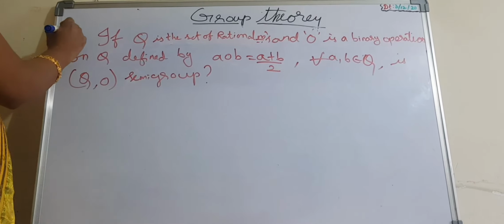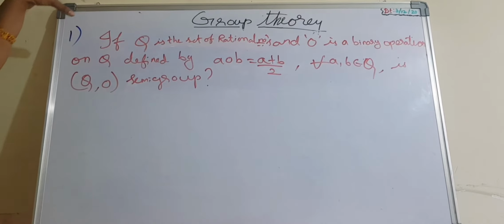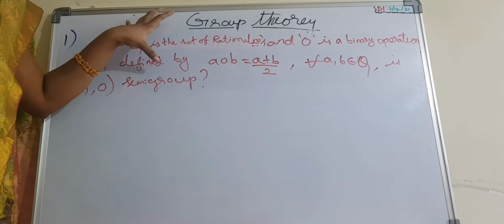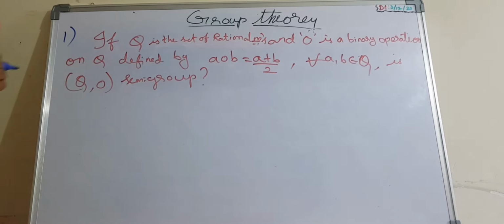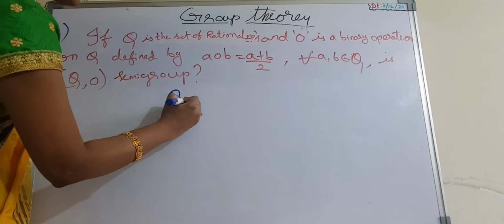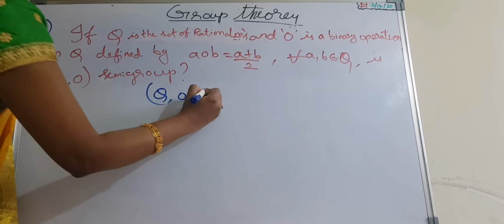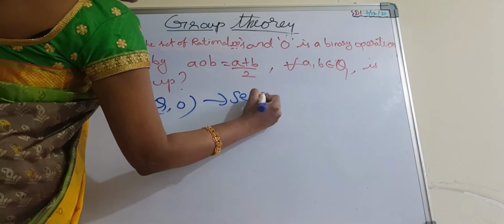This is one question we can solve. It is a semi group or not. We all know that Q is the set of rational numbers. They are asking whether Q circle is a semi group or not.